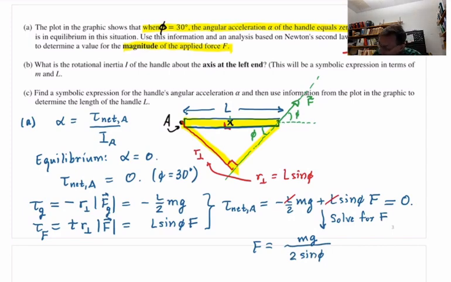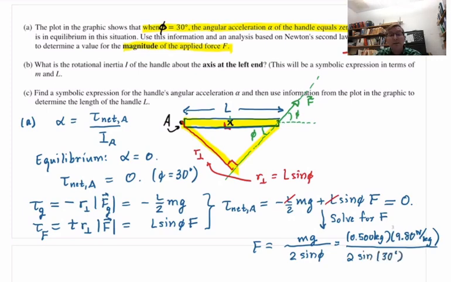And let's just plug in numbers. I am told the mass was 0.5 kilograms. G is 9.8. I'm going to express the unit as Newton per kilogram, over 2 times the sine, the angle phi has to be 30 degrees if we're in equilibrium.